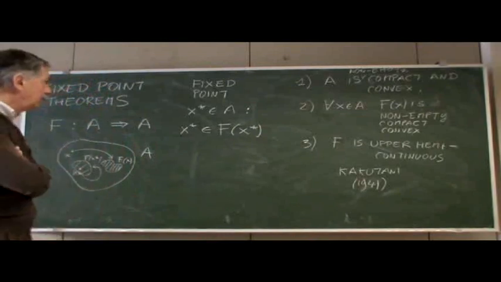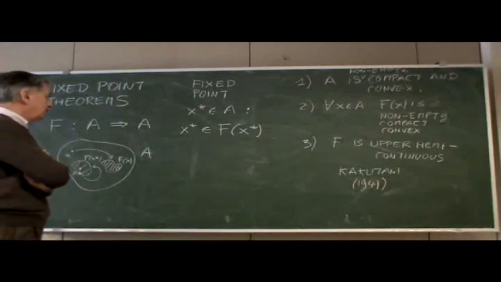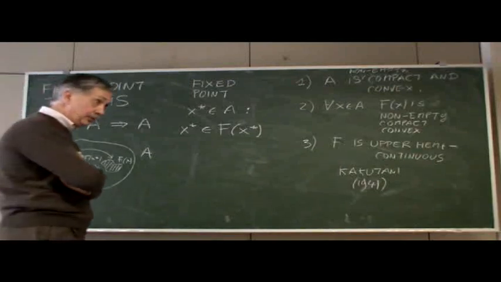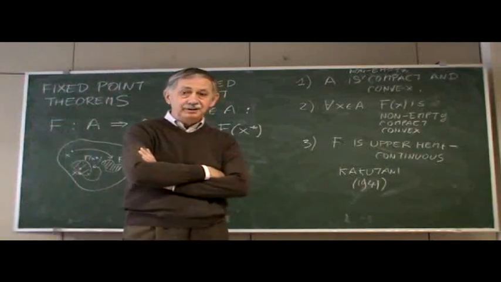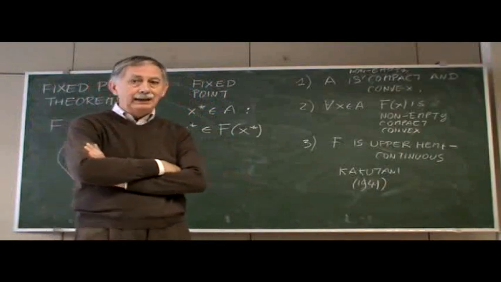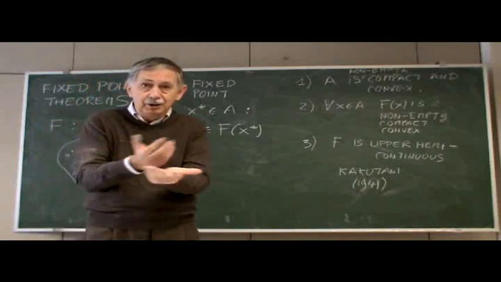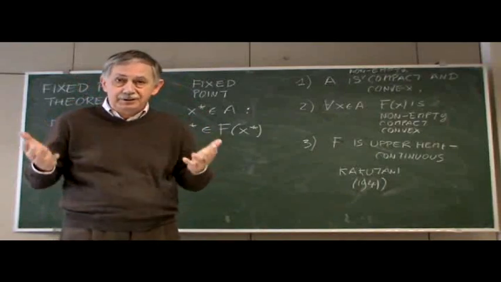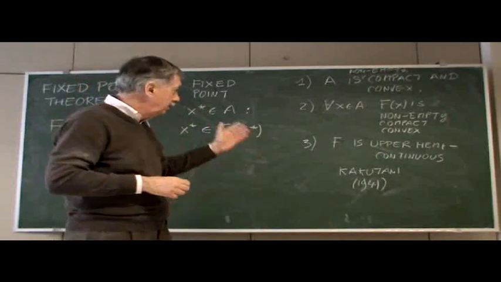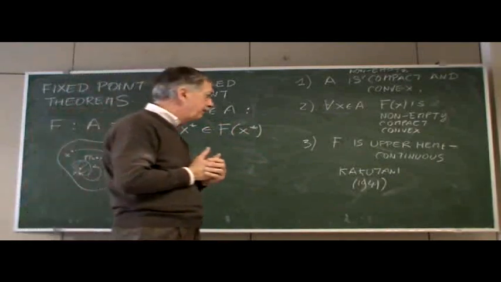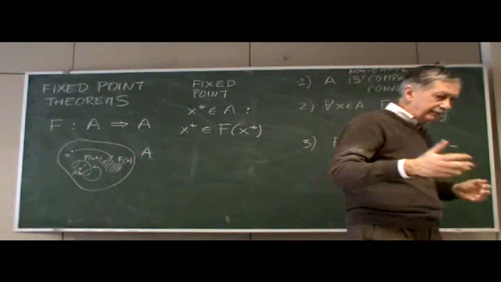In this case, we have an excess demand function, so it will be sufficient to apply our theorem. But then we shall see also the case of a correspondence. In this case, we must apply Kakutani's theorem. Let us have another break.